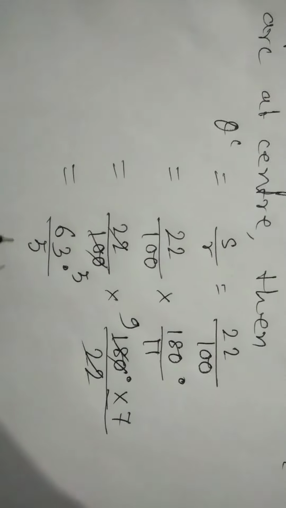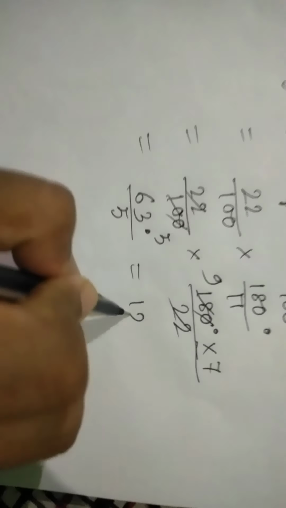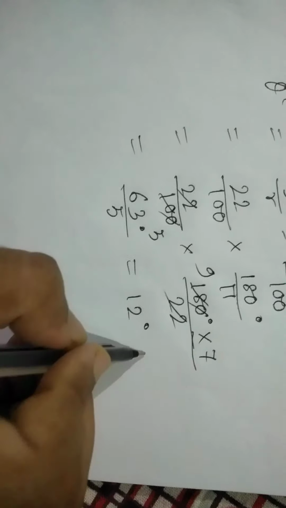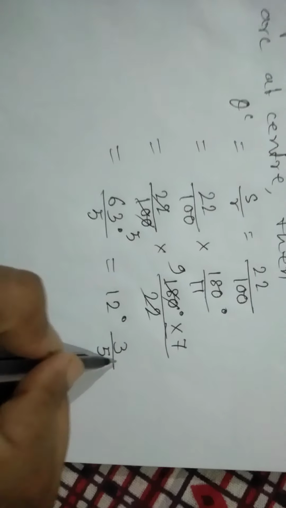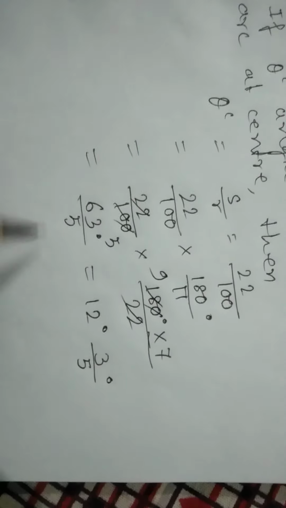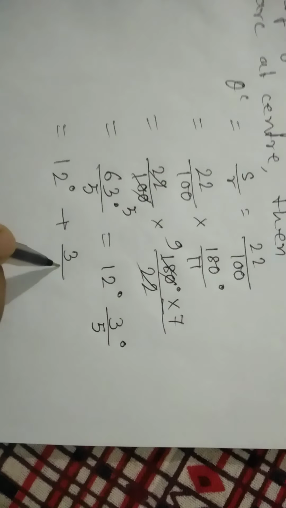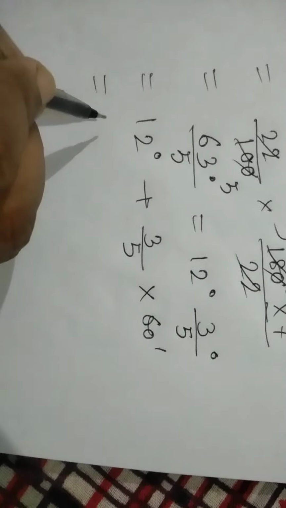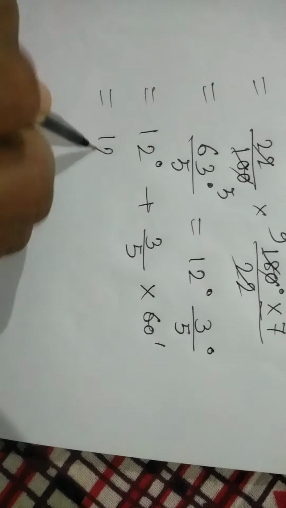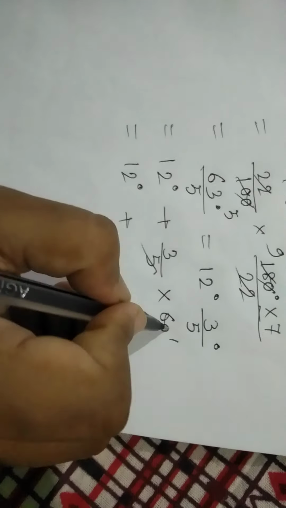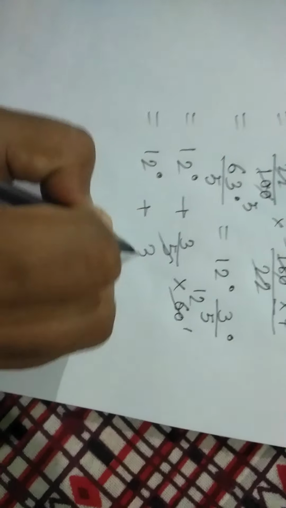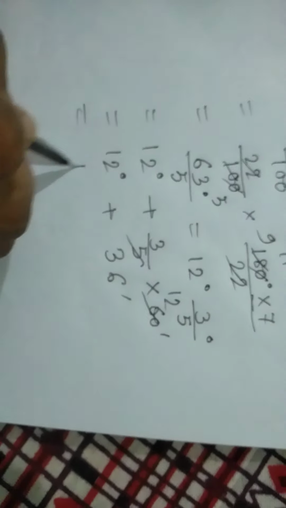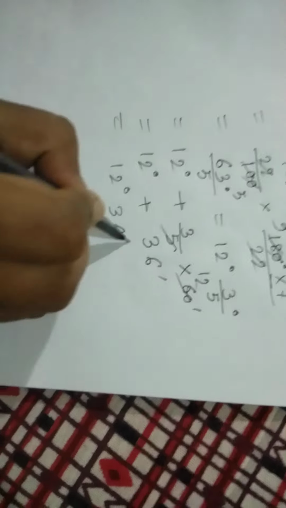Now if you divide this, you will get 12 degree and 3 by 5 degree. So 12 degree you write separately, plus 3 by 5 degree converted into minutes, because 1 degree equals 60 minutes in the sexagesimal system. So it will be 12 degree, and 36 minutes. That is, we can write 12 degree 36 minutes.